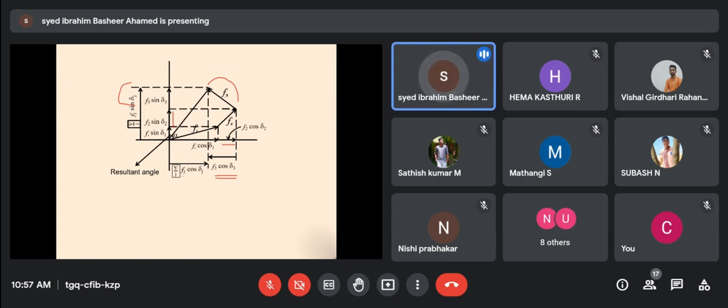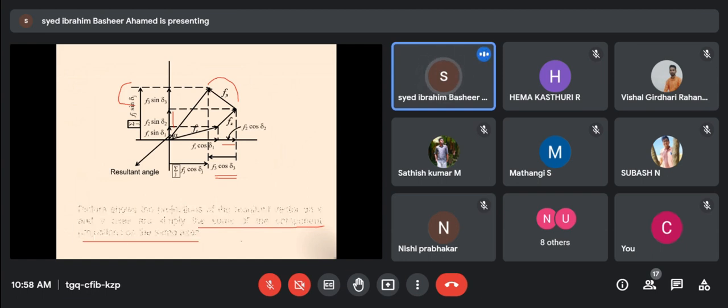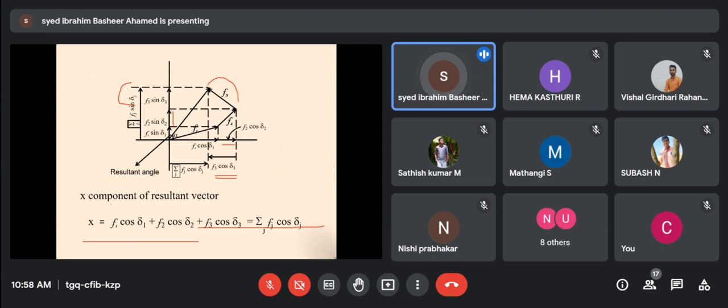So summation over j of Fj cos delta j is there for the resultant vector, and summation over j of Fj sin delta j. The picture shows that the projections of the resultant vector on the x and y axes are simply the sum of the component projections on the same axes. So the x component of the resultant vector is x equals F1 cos delta 1 plus F2 cos delta 2 plus F3 cos delta 3, which is summation over j of Fj cos delta j.